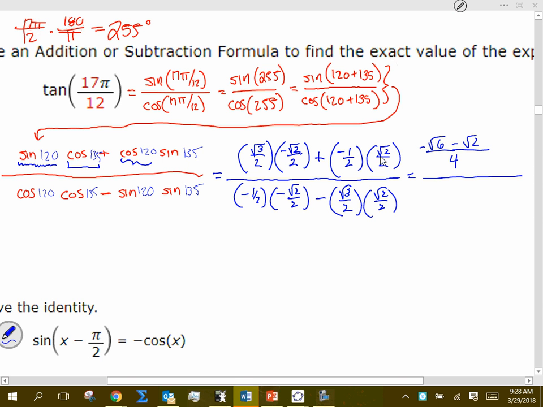So negative radical 6, this gives me negative radical 2, and they're all over 4, so I use that as a common denominator. Now, on the bottom, I'll have negative 1 times negative radical 2, so that's radical 2. It'll be over 4 again. And then this one's going to be, what, minus radical 6?